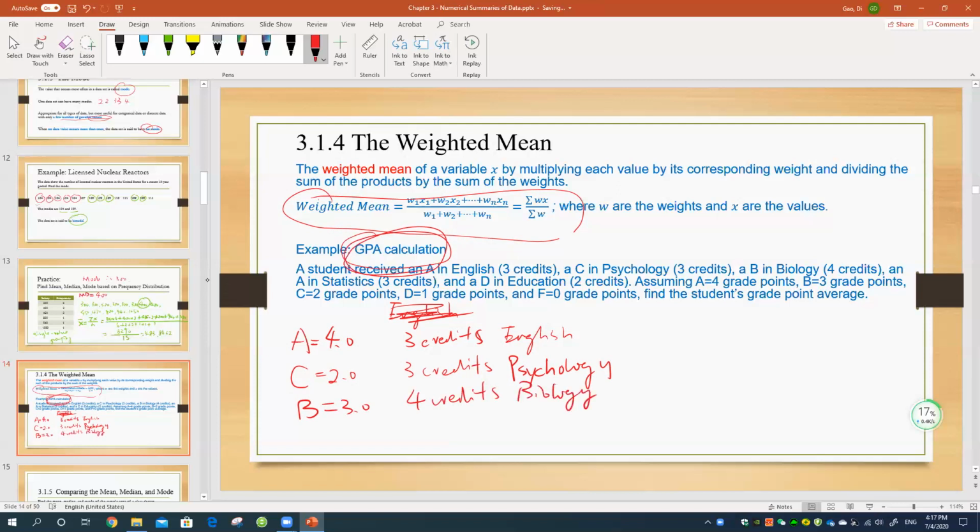Biology. And then an A in statistics. The A means 4 points. And then statistics, 3 credit hours. And then what else? A D, which is 1 point for 2 credits.